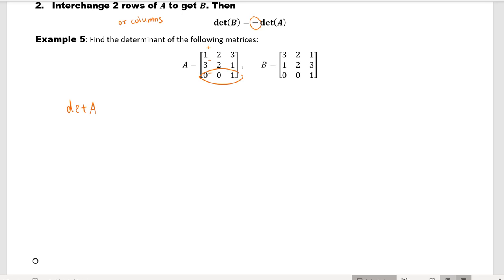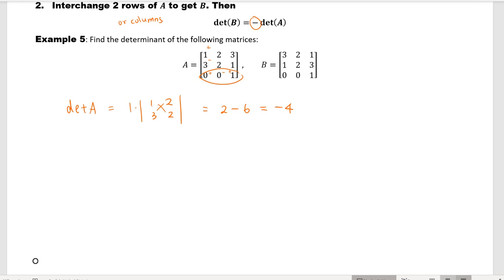Plus minus plus minus plus. So we have plus 1 times the determinant of the submatrix 1, 2, 3, 2, and cross multiply. 1 times 2 is 2, 3 times 2 is 6, which is minus 4, right?